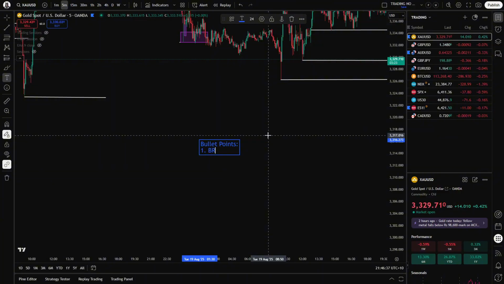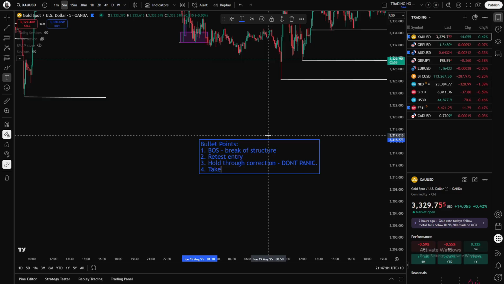First, we have BOS, which is break of structure. Then we have retest, entry. Then we have hold through correction. Don't panic. Then the last one is, actually, wait, it's just profit.